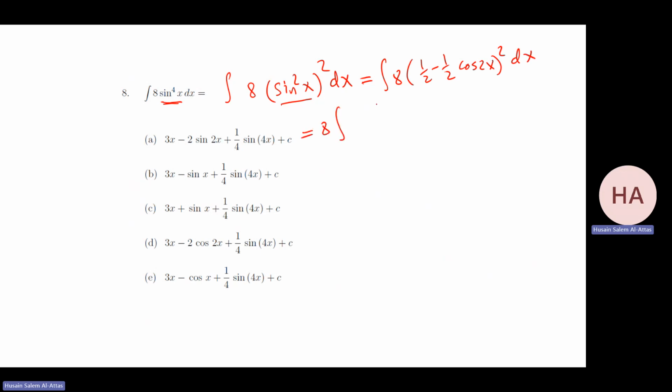Let me take the 8 out. That will be 1 over 4. Okay. Half times half, minus 1 over 4 times 2, that will be minus half cosine 2x, plus 1 over 4 cosine square 2x dx.